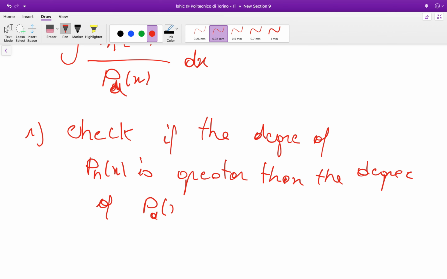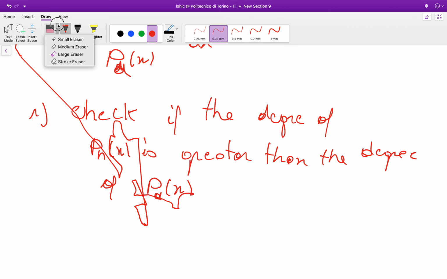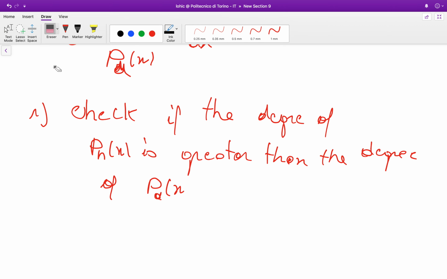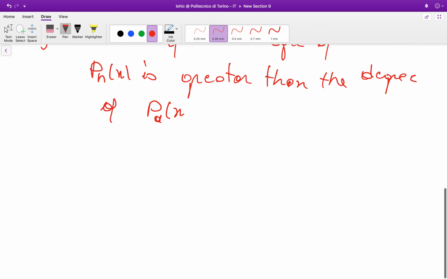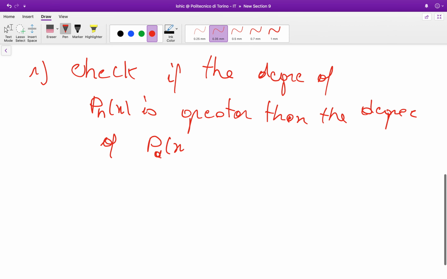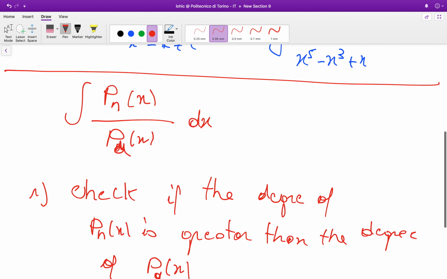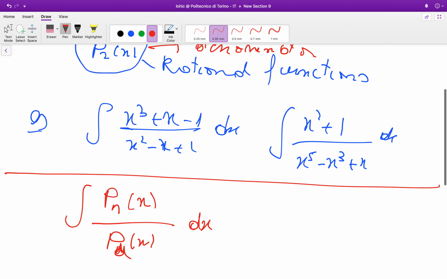Okay, this is the first step. Excuse me, the pen is getting crazy. Okay, nice. This is the first step. For example, in this example the degree of the numerator is greater than the degree of the denominator, but here no.